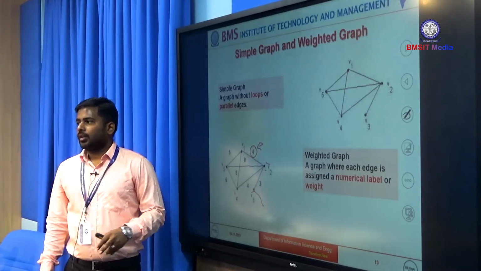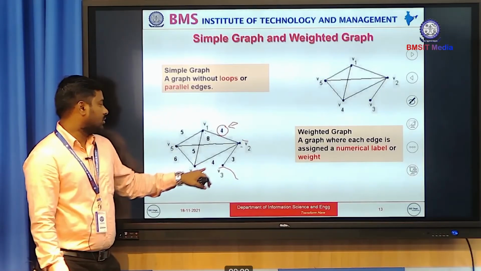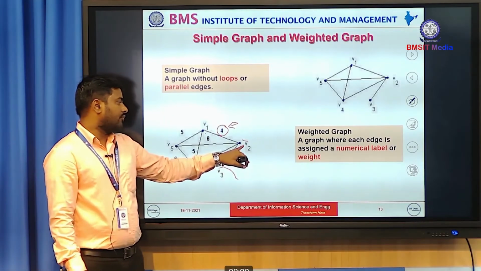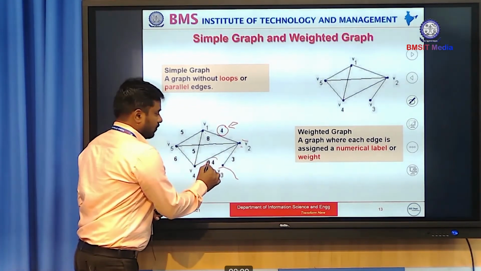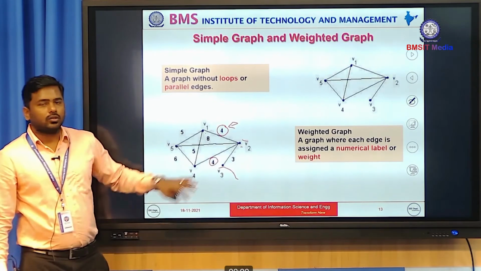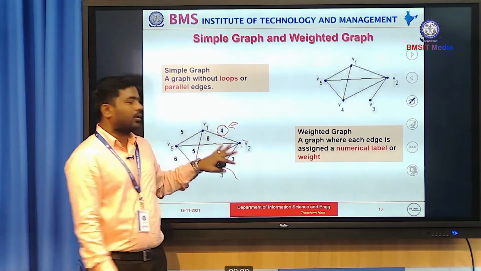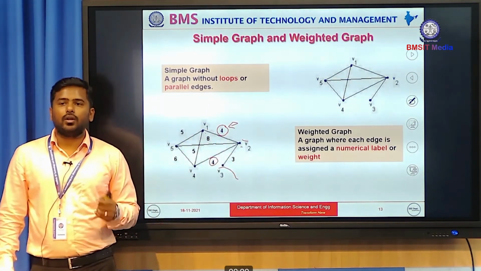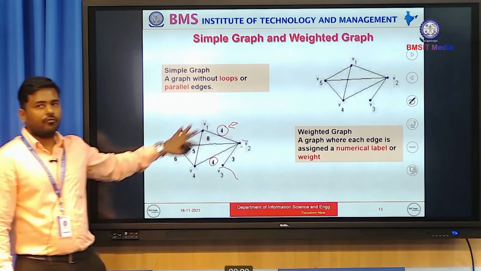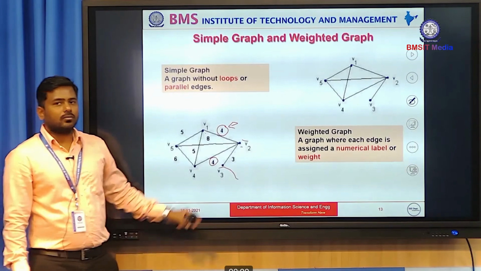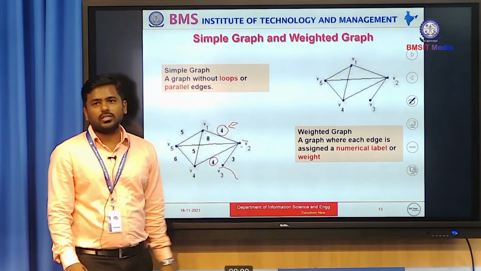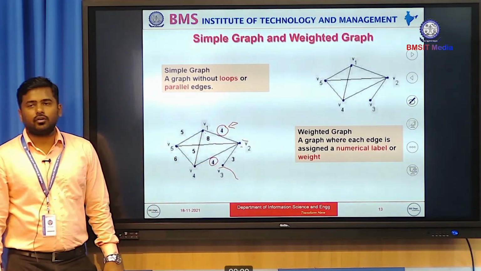Now, consider the edge between V4 and V2. The weight associated with that edge is also 4. This type of graph, where we assign a particular weight to an edge, is called a weighted graph. These are some of the basic terminologies and definitions for graphs.